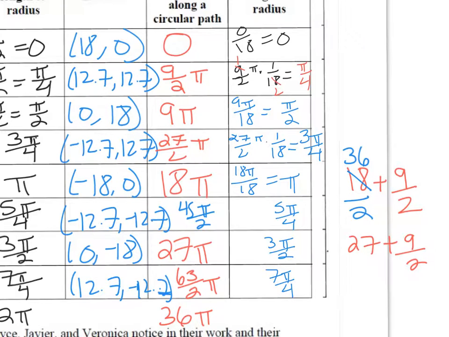Your answers should reduce to the same fractions that I have: 5 pi over 4, 3 pi over 2, and 7 pi over 4.